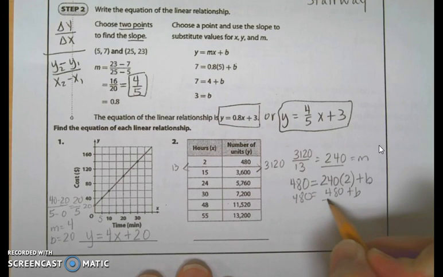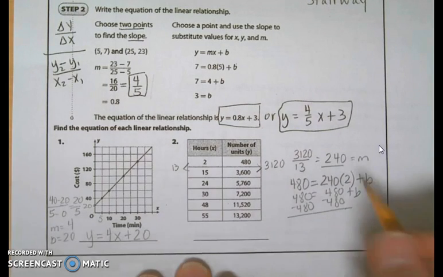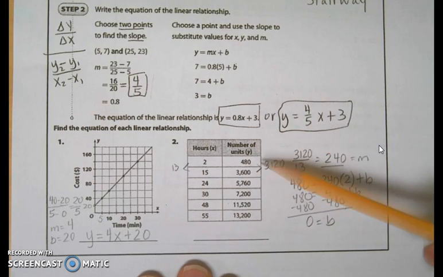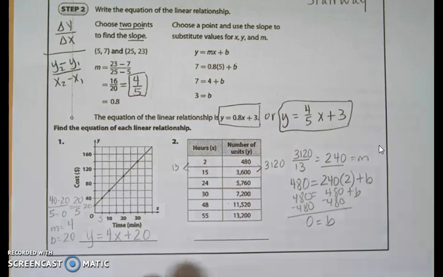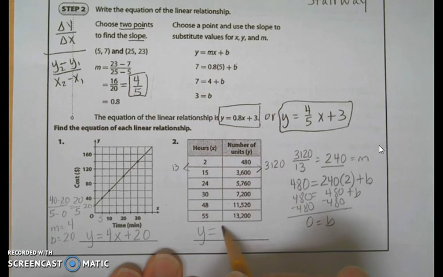Subtract your 480, and 0 equals b. You can also work backwards on the table till you get to 0 hours. So my equation now is y equals 240x.